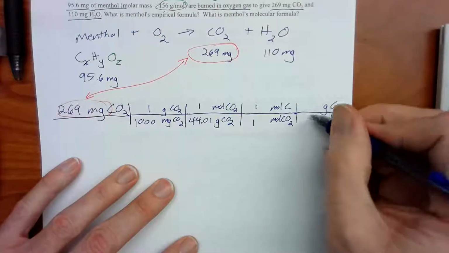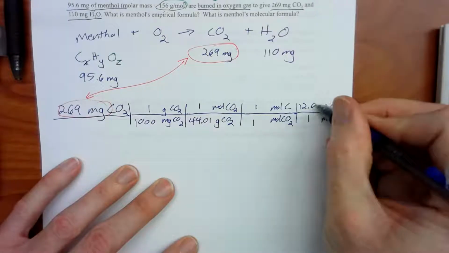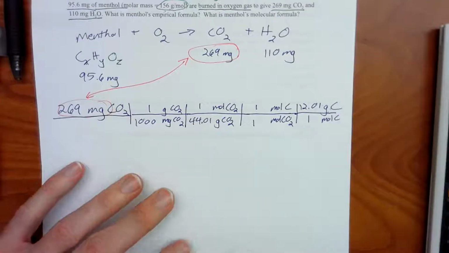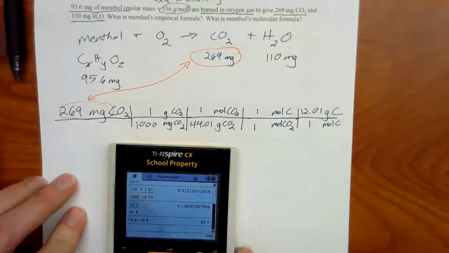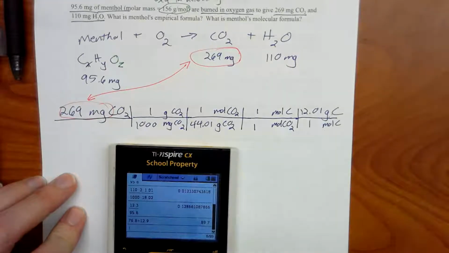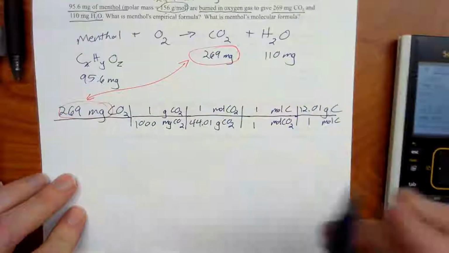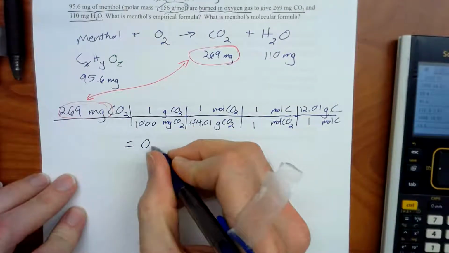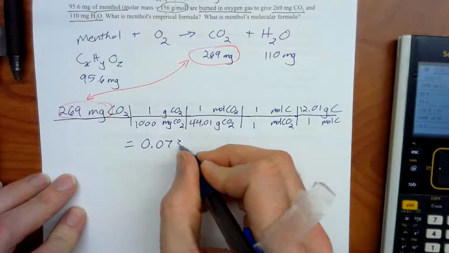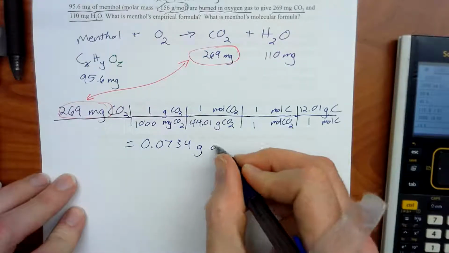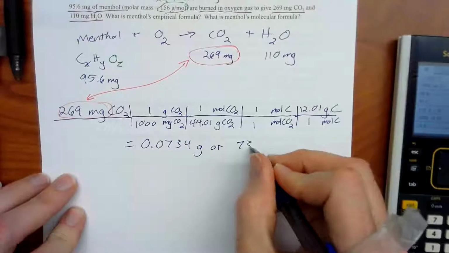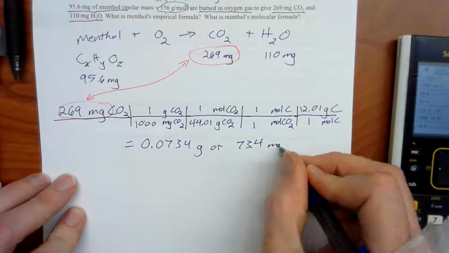And then there is 12.01 grams of carbon in 1 mole. I plug it into the calculator and I get a nice little answer of 0.0734 grams, or 73.4 milligrams.